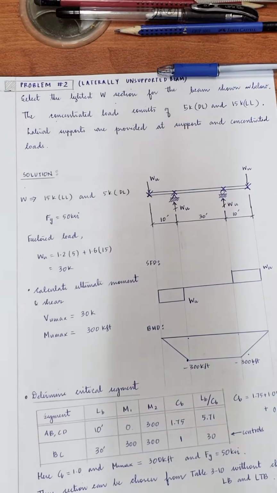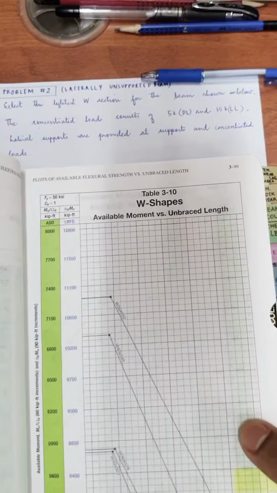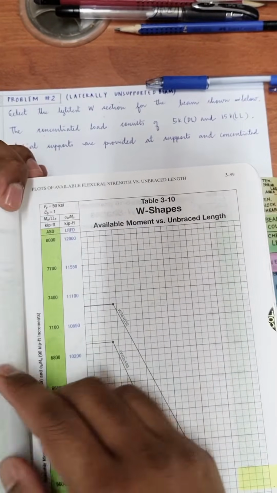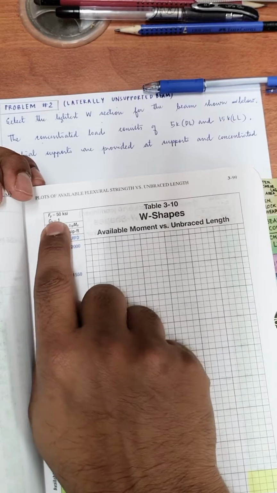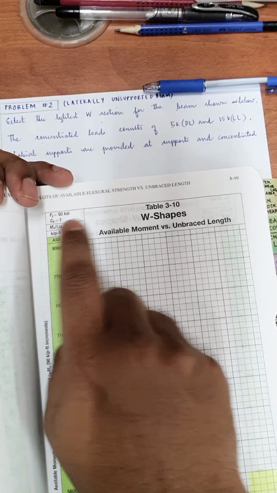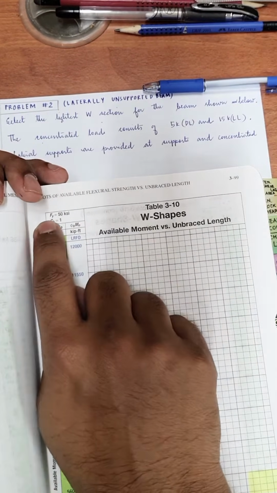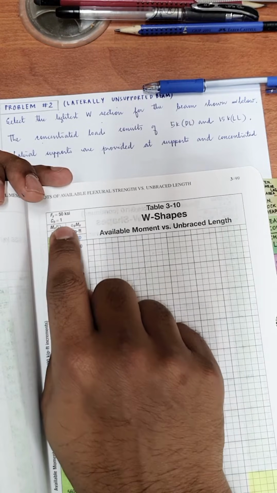Now if you go into the charts, Table 3-10, there is something that we need to notice here. The Fy value is 50 ksi and CB is equal to 1. All of these charts correspond to Fy equal to 50 ksi and CB equal to 1.